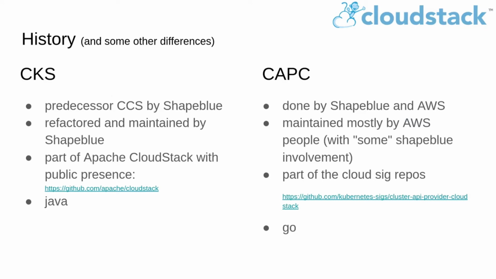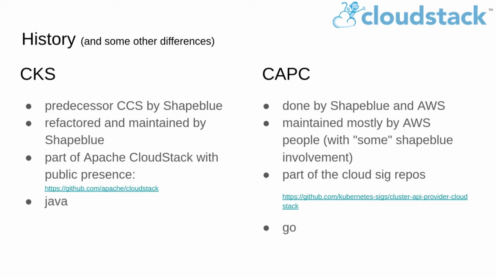So we have something. And that was what was developed. It's been developed and maintained mostly by ShapeBlue people, but it's a CloudStack integrated plugin. So it's basically available for everybody to work on. And of course, it's in Java because it's part of CloudStack.